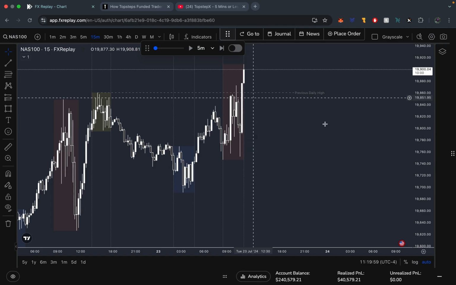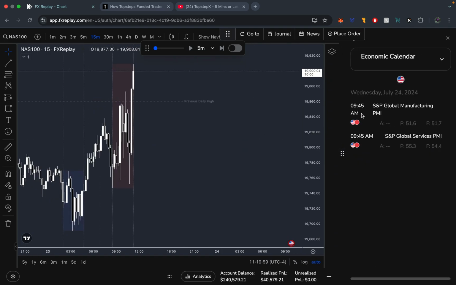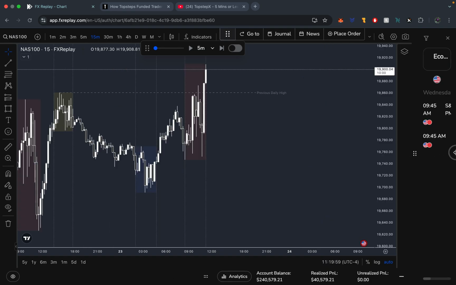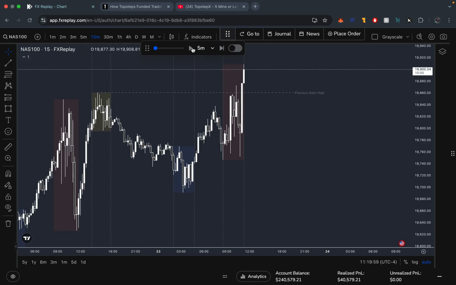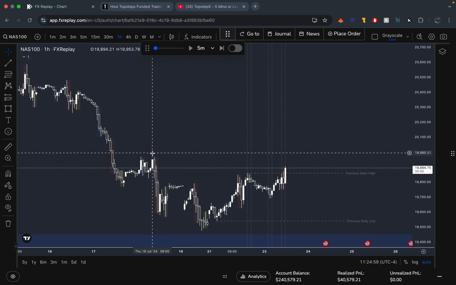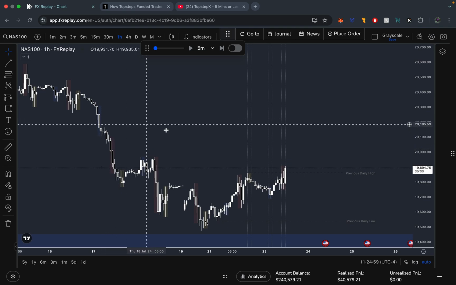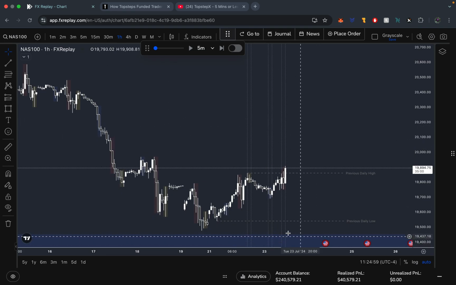On Tuesday 23rd. We've got news tomorrow. So let's have a quick look on the hourly, see what we're looking at. Let's see imbalances up here. Yeah, this being a general target down here.